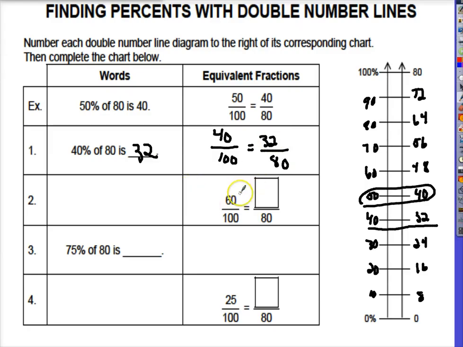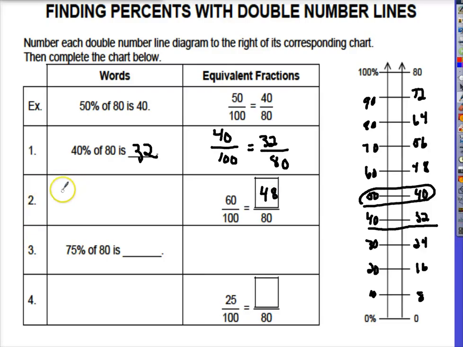Well, now I'm looking at this, and I've got 60 100ths. Well, here's my 60%. And we said this was 60 out of 100%. Well, if I want to know what number is going to go here, I'm just going to go straight across. And that is going to be 48.